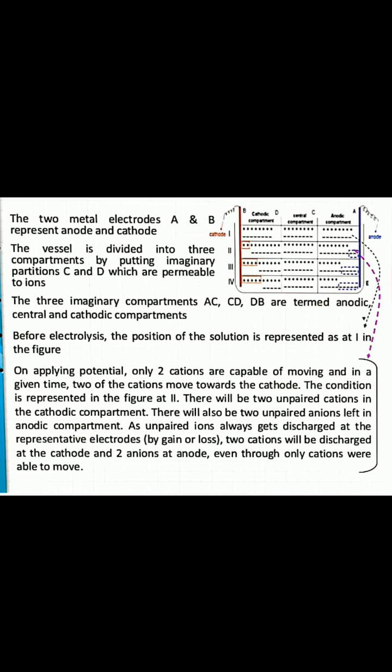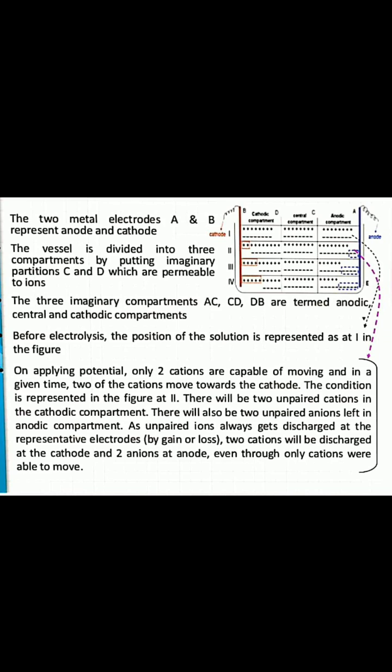The 3 imaginary compartments AC, CD and DB are termed the anodic compartment, central compartment and cathodic compartment. Before electrolysis, the position of the solution is represented as 1 in the figure.